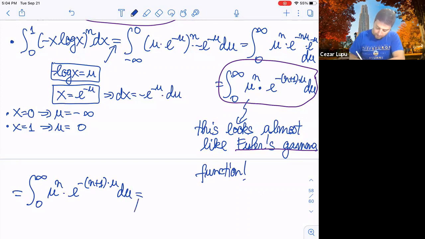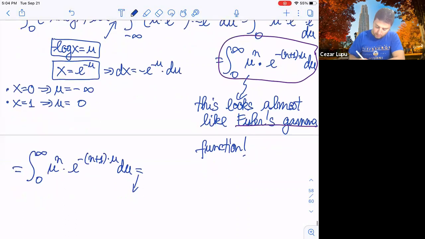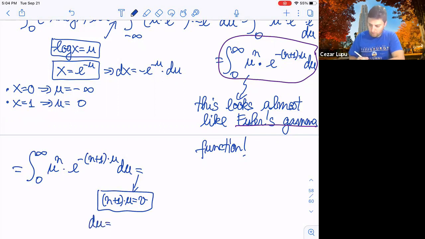All right, so I'm going to perform the following substitution. n plus 1 times u equals v. That's great. So du will be 1 over n plus 1 dv. The bounds will stay the same. So when u is 0, v is 0. When u is infinity, v will be infinity.